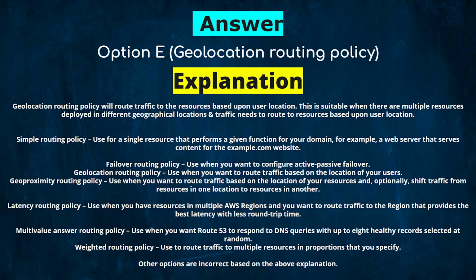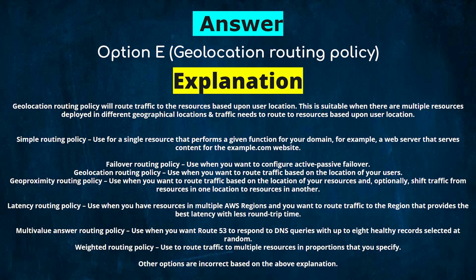Geo-proximity routing policy. Use when you want to route traffic based on the location of your resources and optionally shift traffic from resources in one location to resources in another. Latency routing policy. Use when you have resources in multiple AWS regions and you want to route traffic to the region that provides the best latency with less round-trip time.